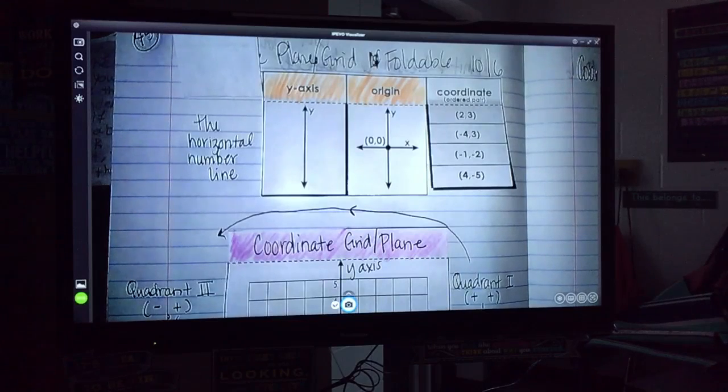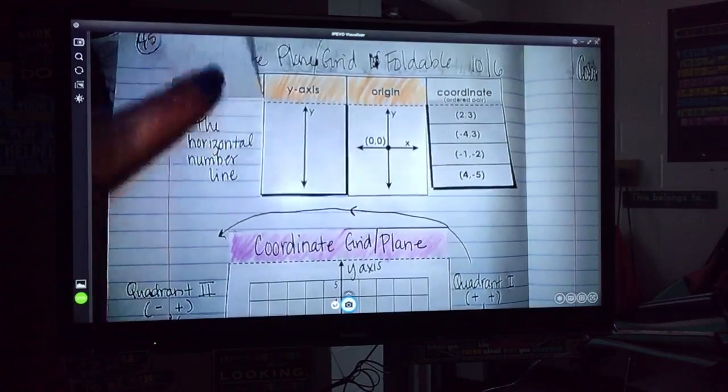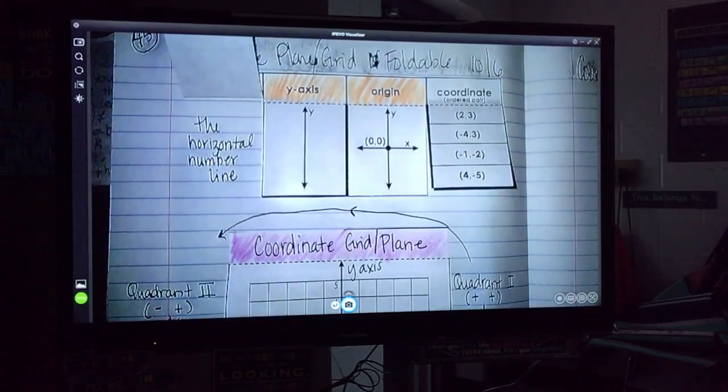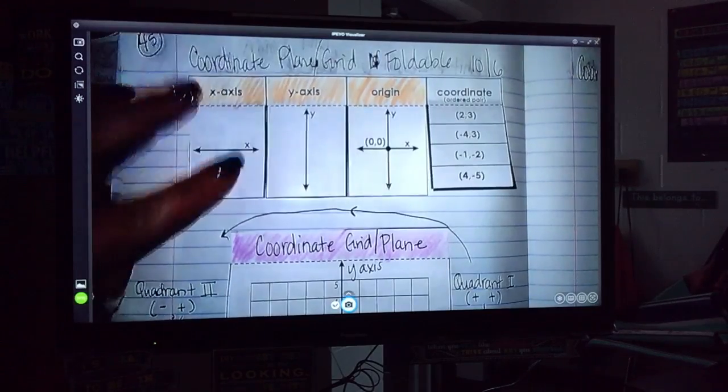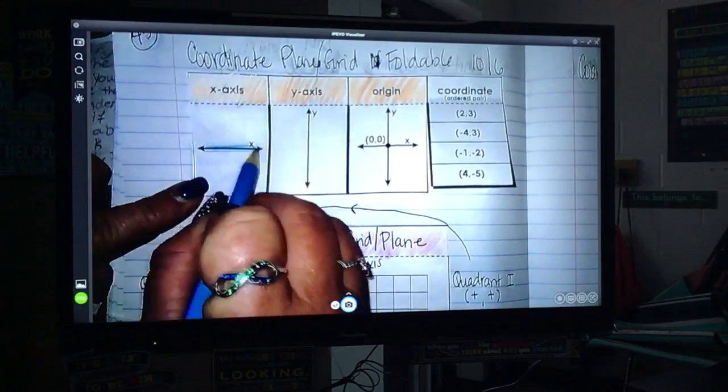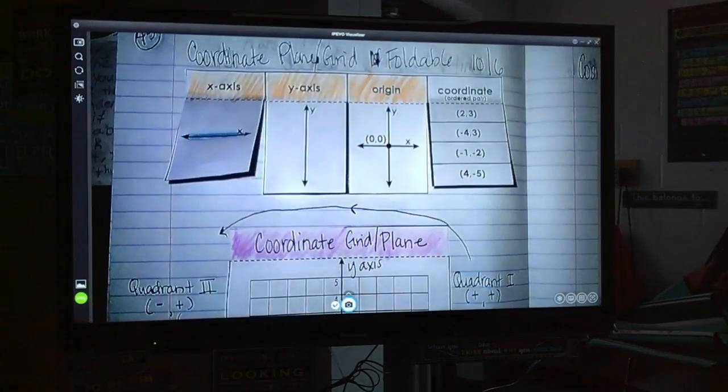Should we flip it up and write that? Oh, flip it. Yeah, flip it up. And then pick any color you want to represent your x-axis.